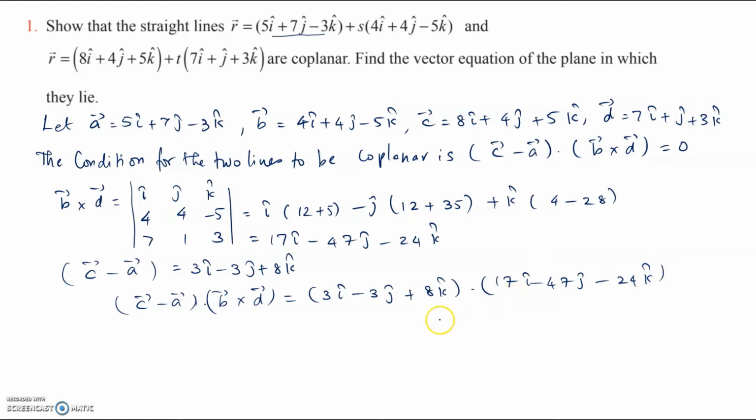So further simplifying this, we get the answer to be 51 plus 141 minus 192, and that's equal to 0. Therefore, the two given lines are coplanar.